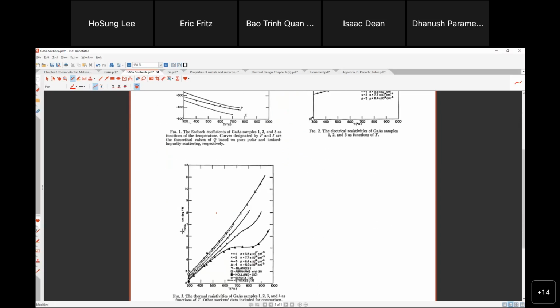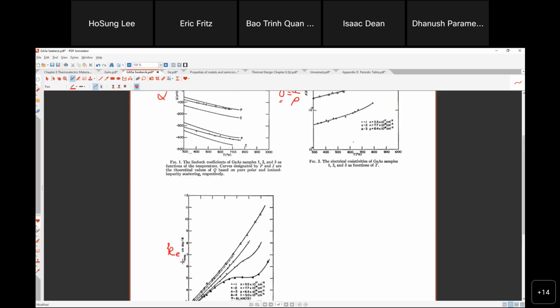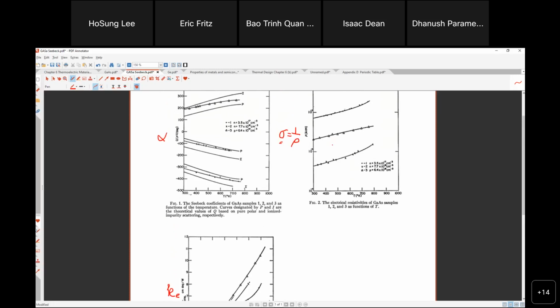This is K, I believe, total or whatever. This is the thermal conductivity, depending on the temperature. So we have a measurement and our theory is in agreement, something. That's the theory and measurement we have, in agreement.